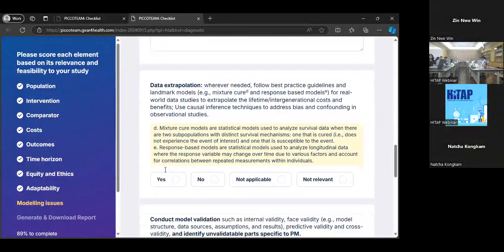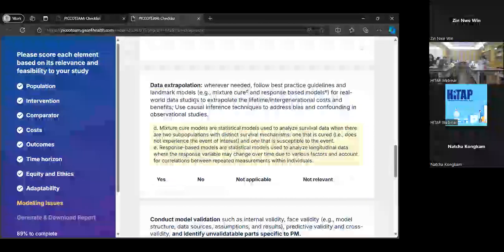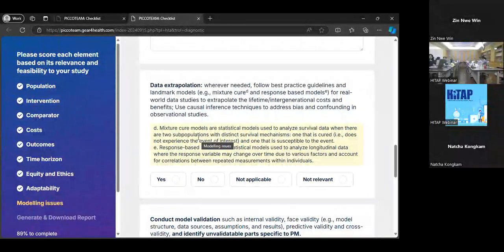For example, for data extrapolation, you follow the best practice guideline to select the best quality observational studies. But if you can't, then when you are using the data to extrapolate long-term effects and costs, it will be great to get individual level data, or use causal inference techniques to address bias.